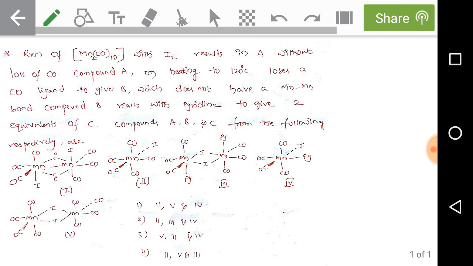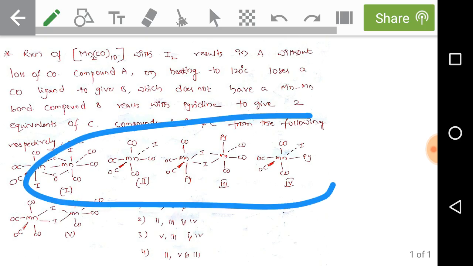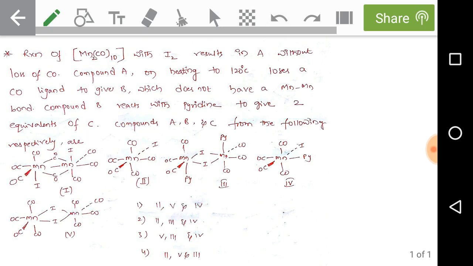Just read the question clearly, observe, and pick the important information from the problem, then the answer will be very easy. For this problem, the answer is very easy, because just observe the given 5 compounds of metal complexes. We need to check A, B, C, and pick from them.